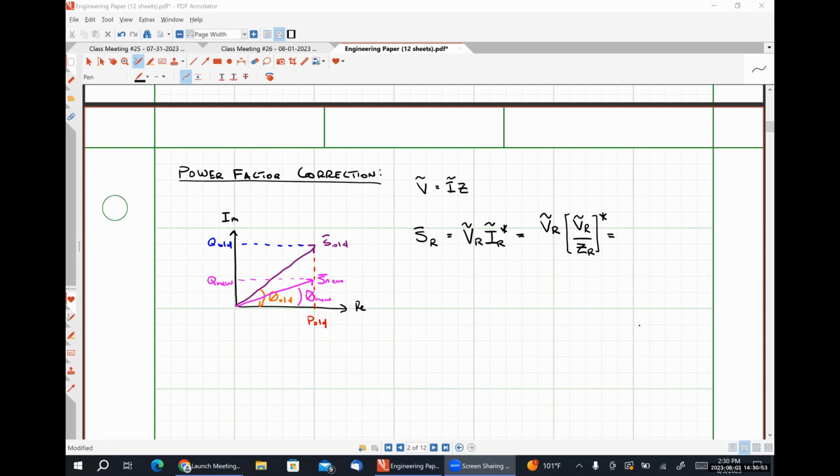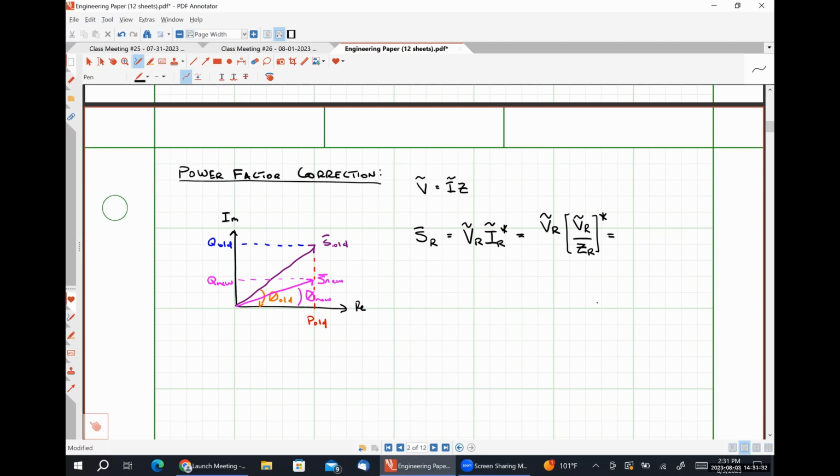What happens when I multiply a complex number by its conjugate? I know it flips it.